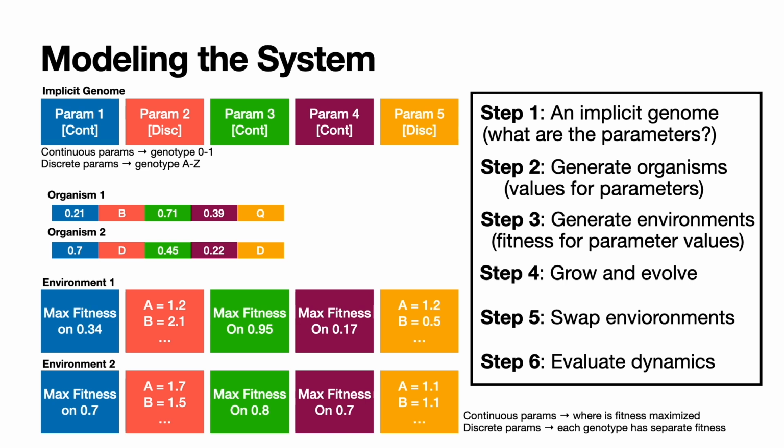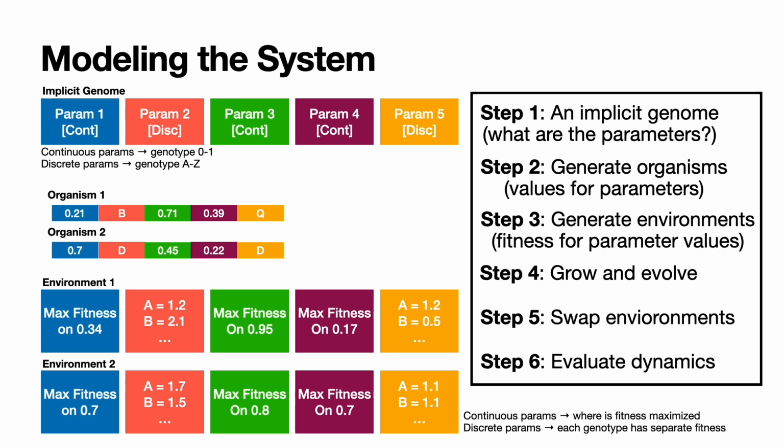So this is what it looks like. So we have an implicit genome, and we have both continuous and discrete parameters defined in our genome. And then we have a set of organisms which have values for those parameters. And then you can see the set of environments, each that have a fitness value for different parameters, or where the maximum fitness occurs on the value set.